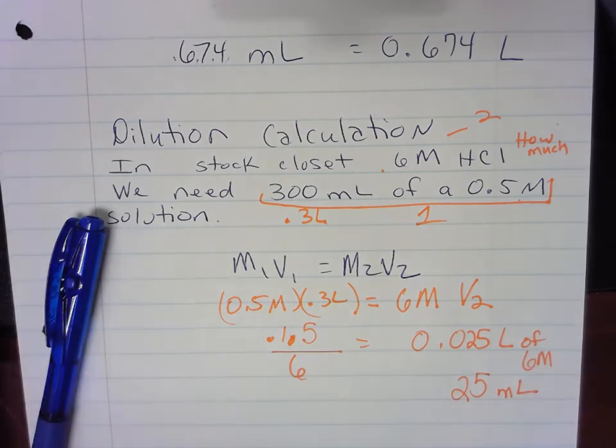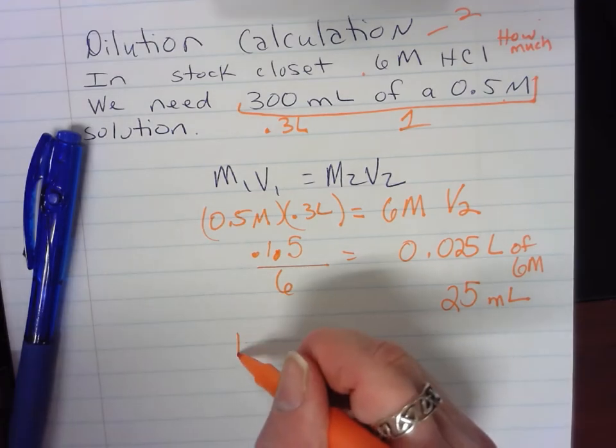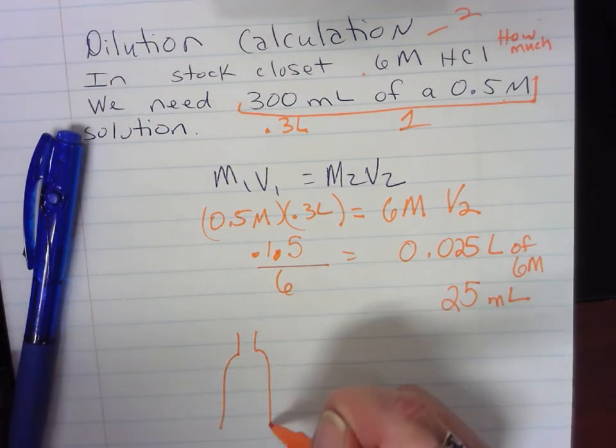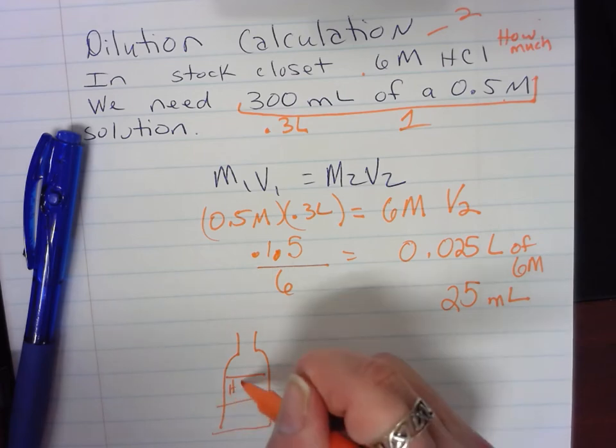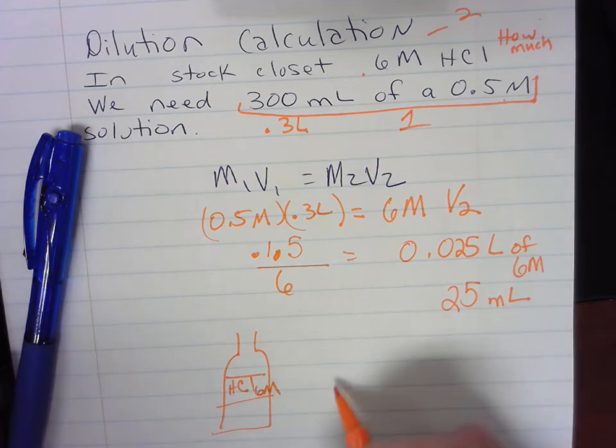So what this means is I'm going to go into my stock room, and I've got this bottle that says hydrochloric acid 6 molar, and I'm going to take 25 milliliters of it.